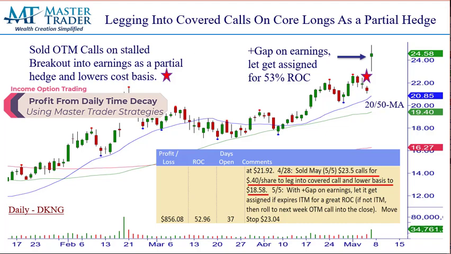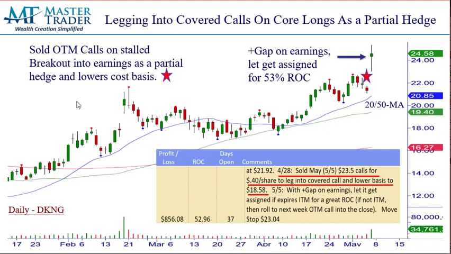We want to sit through the earnings report because we have a big gain, and we'll take the risk of an earnings gap. We sell covered calls against our position, which gives somebody the right but not the obligation to buy our merchandise at the agreed upon strike price on or before expiration, and the premium we receive for that reduces our cost basis, as I have underlined here.